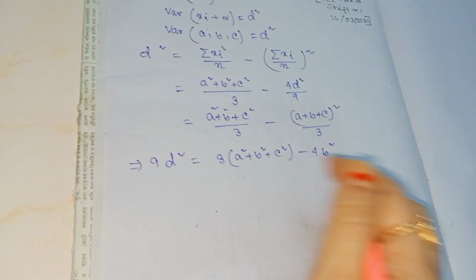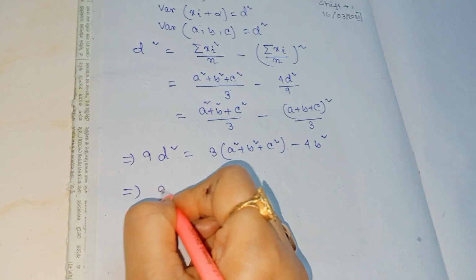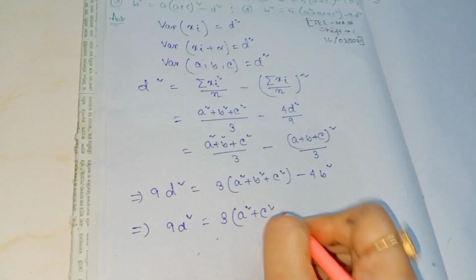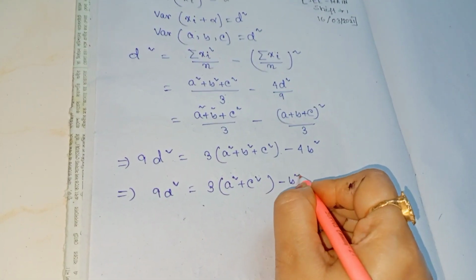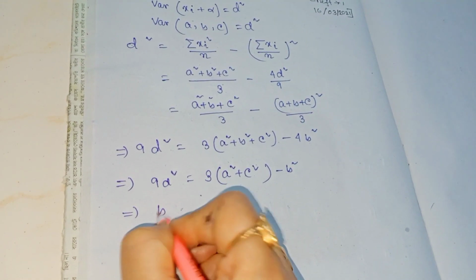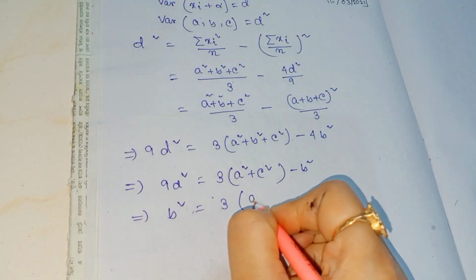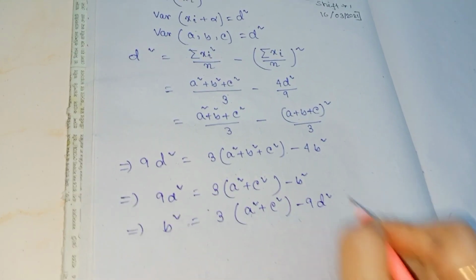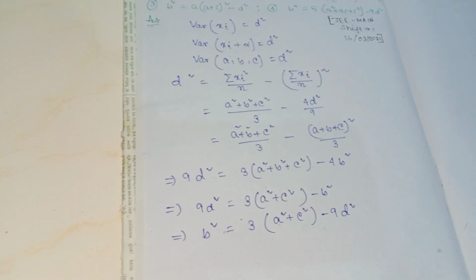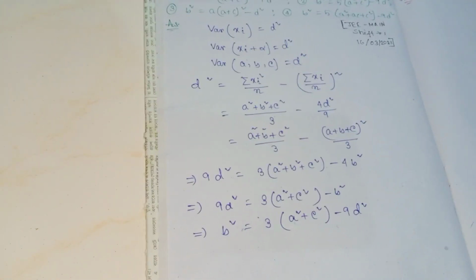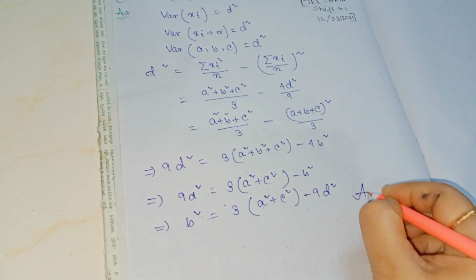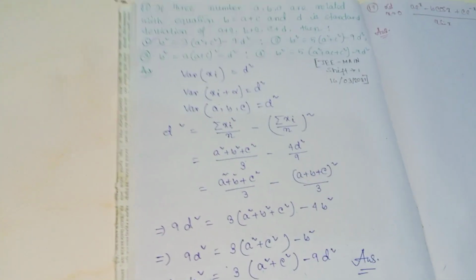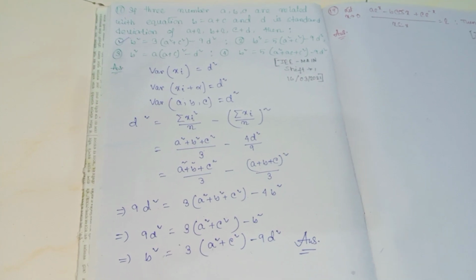After calculation we get this. So 9d squared is equal to 3 into (a squared plus c squared) minus b squared. That implies b squared is equal to thrice (a squared plus c squared) minus 9d squared. So we reached our required condition, this is our solution, and option 1 is our correct choice. So this is the whole solution of question 17.